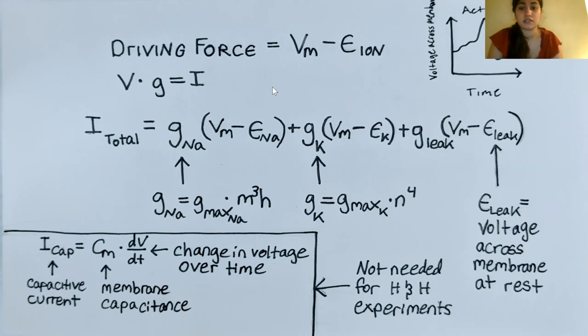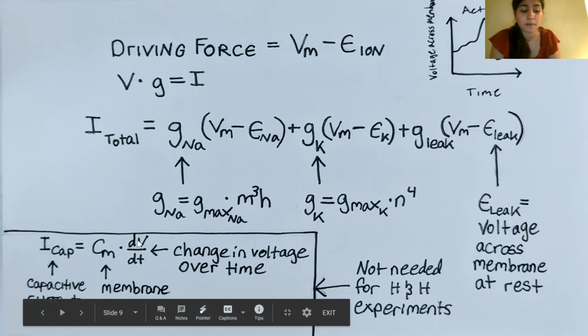For the leak conductance, G sub leak, because Hodgkin and Huxley knew that the equilibrium potential was negative 70 millivolts, they changed the voltage across the membrane by known amounts while measuring the current, and then they could solve for the leak conductance by dividing the leak current by the leak driving force.